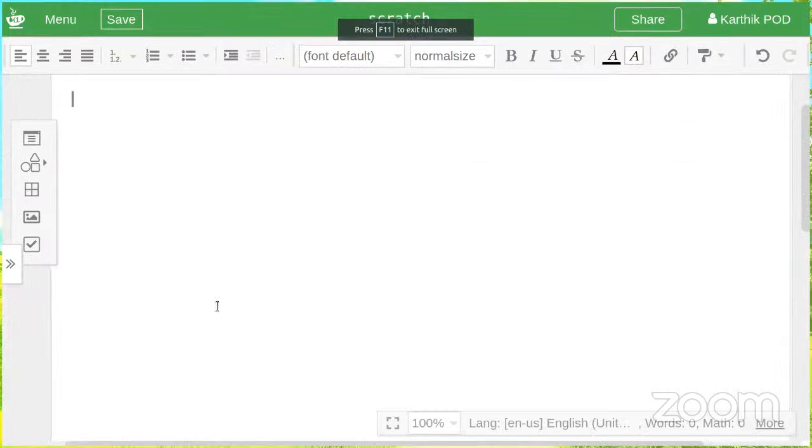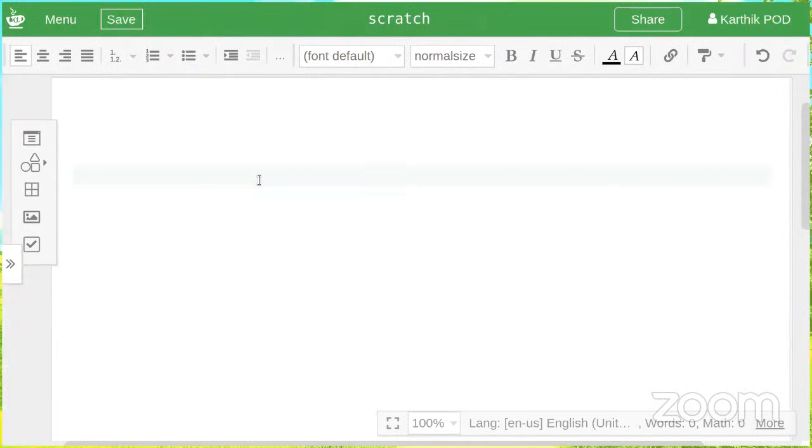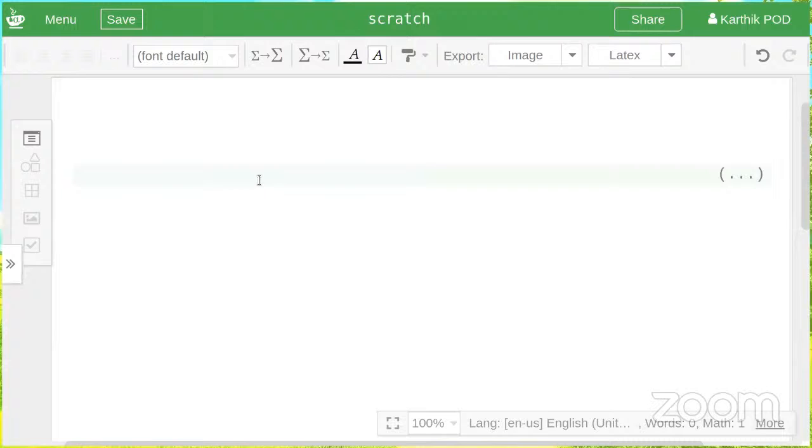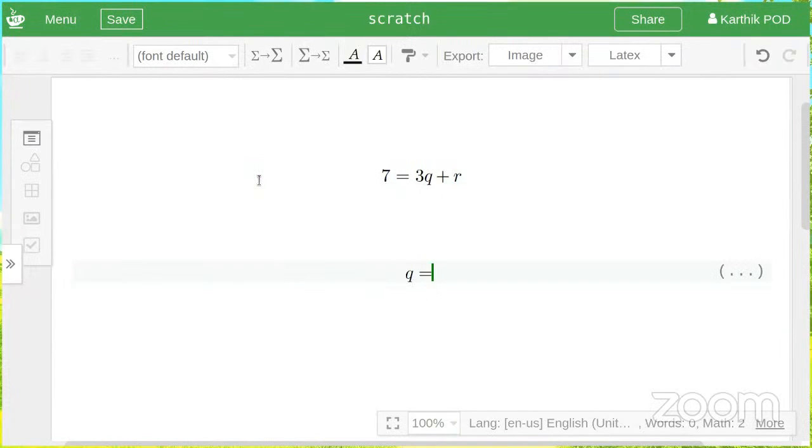If you have a number, let's take 7 and you want to divide it by 3, you write it as 7 equal to 3q plus r, right? Yes, sir. So what will q be here? 2. Q is 2, r is what? 1. R is 1, right?